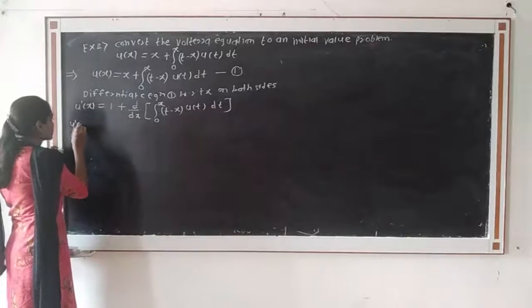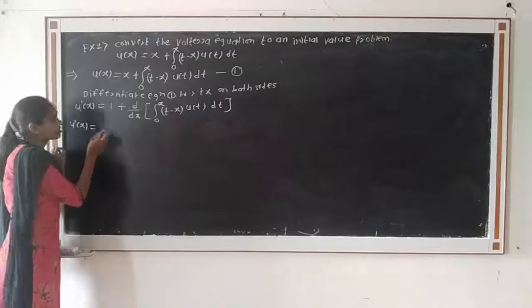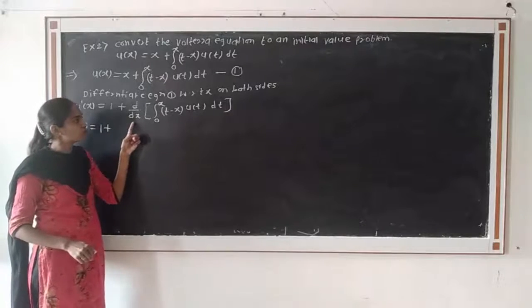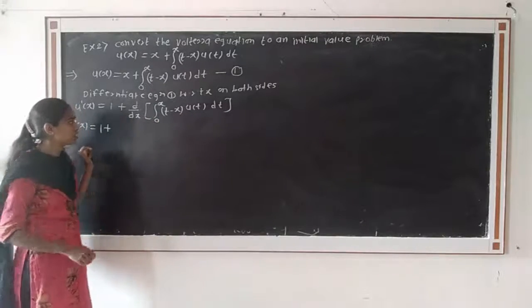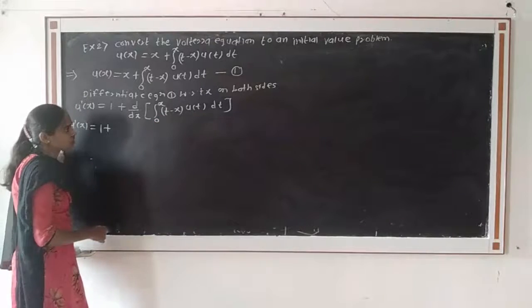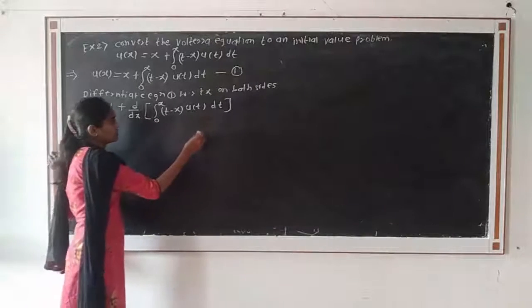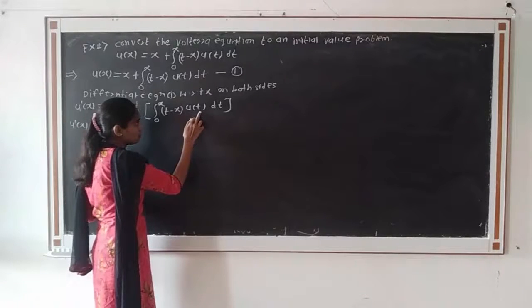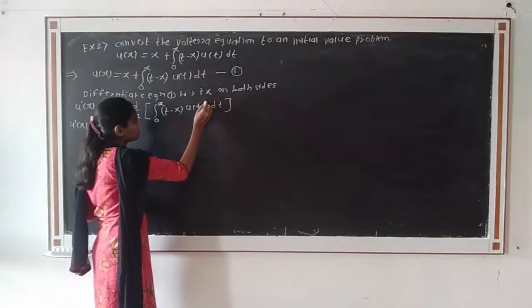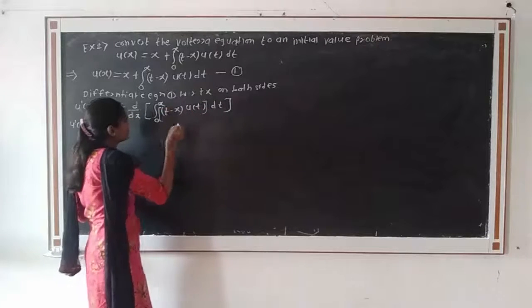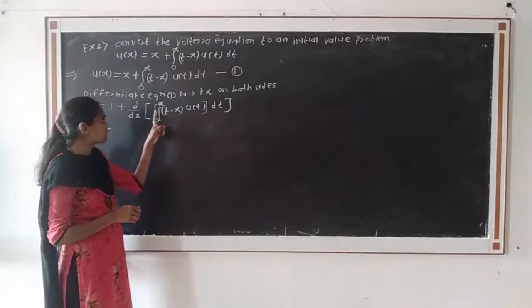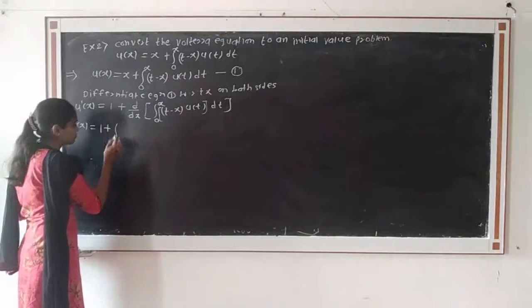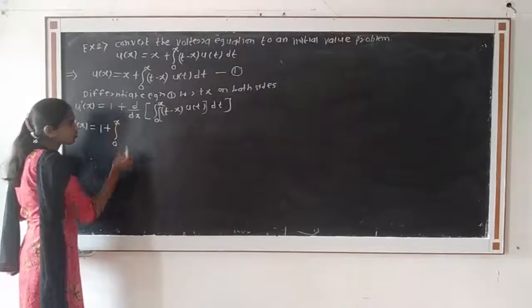Again here we have to use the Leibniz rule for differentiating this integral. Then the function g of x, t will be (t minus x) into u of t, and the limits alpha of x will be 0 and beta of x will be x. Therefore, we differentiate by using the Leibniz rule, integration from 0 to x.